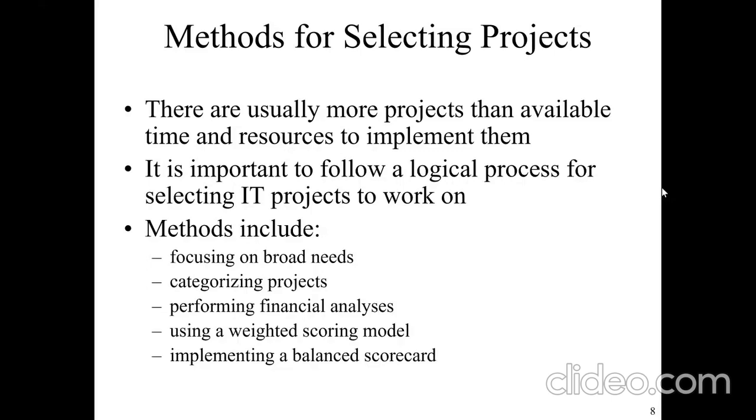Some of these methods are, we have what we call focusing on the broad needs. So it could be that, okay, this project will serve a number of our needs, so let us embark on it. Or you can categorize the projects. Maybe these ones are having a higher priority compared to this, so we can categorize them that way.